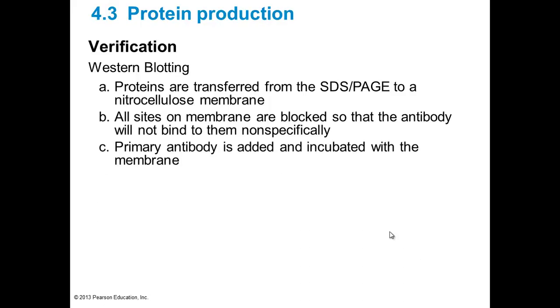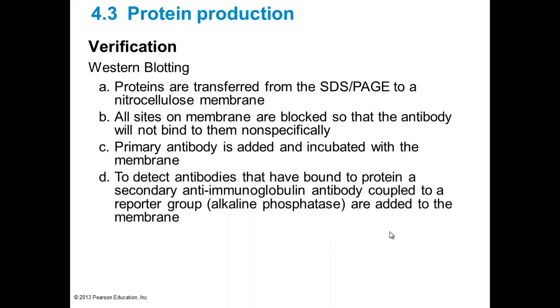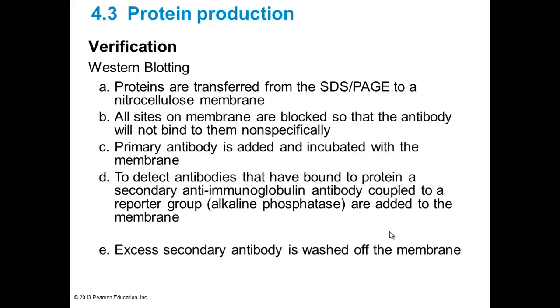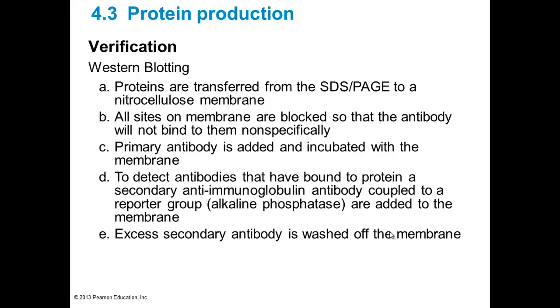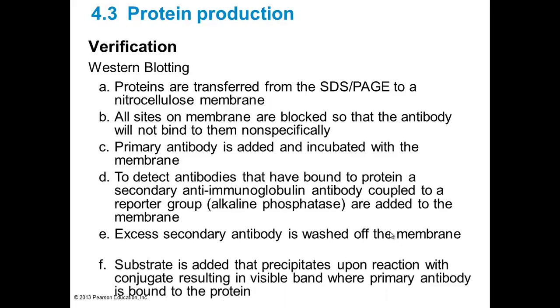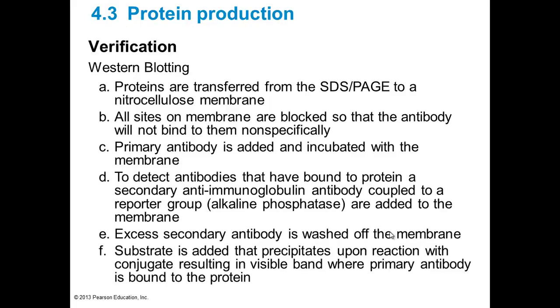The antibody is added. A secondary antibody for detection is coupled with alkaline phosphatase, and that's added to the membrane. Excess secondary antibody is washed off, and then the substrate is added, and that will cause a dye, a visible band, where the antibody is detecting your particular protein.